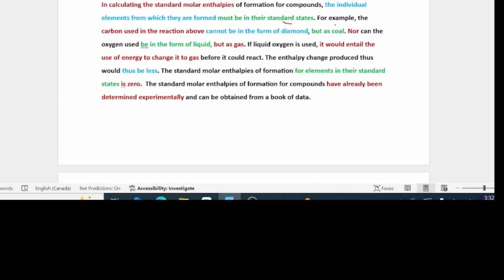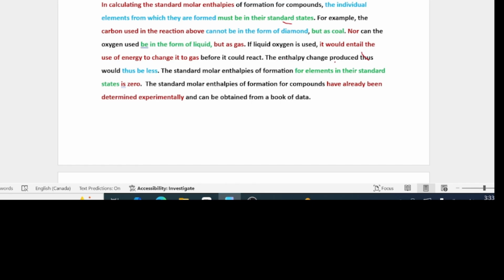What this is telling us is this. The carbon used in the above reaction cannot be in the form of diamond, for example, but as coal. Nor can the oxygen be in the form of a liquid, but as a gas. If liquid oxygen is used, it will entail the use of energy to change it to a gas before it could react.